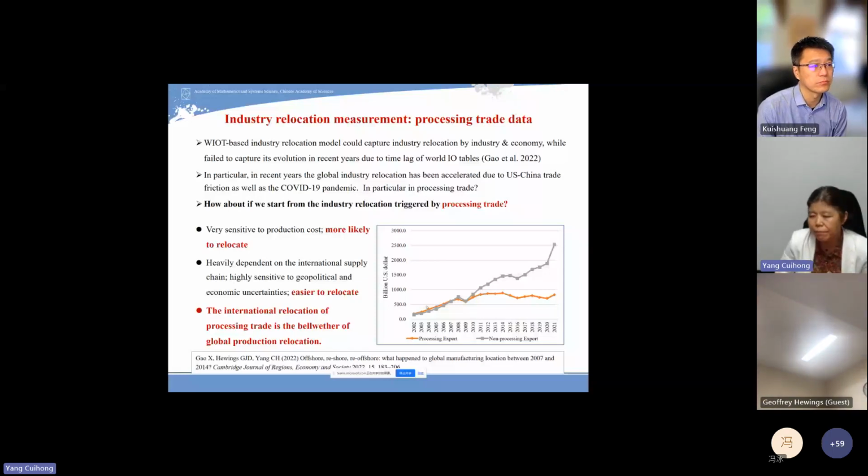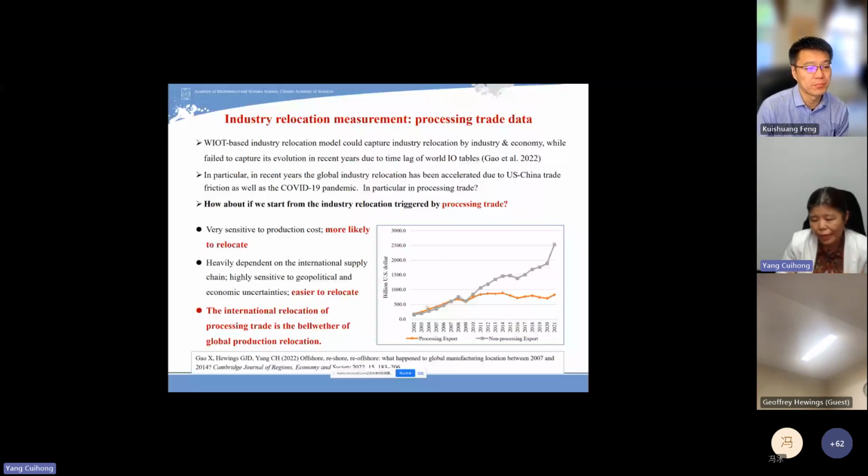And another side is the trade protectionism, because in the past several years the trade friction between China and the US, in some circumstances, also affects the global industrial relocation triggered by the multinational enterprises. So in this case, it's not easy to capture the industrial relocation in recent years with the world input output tables.